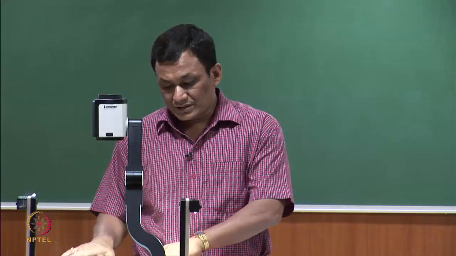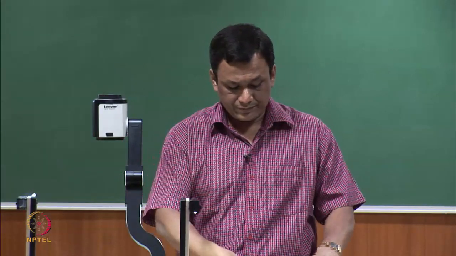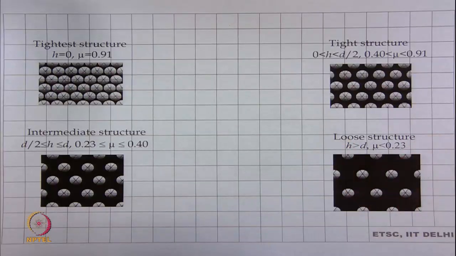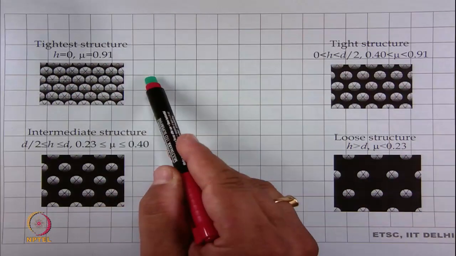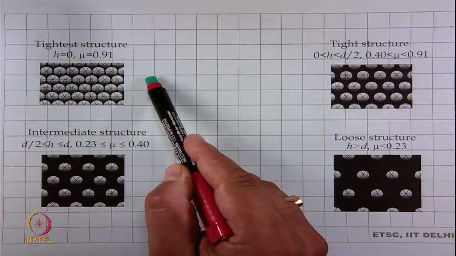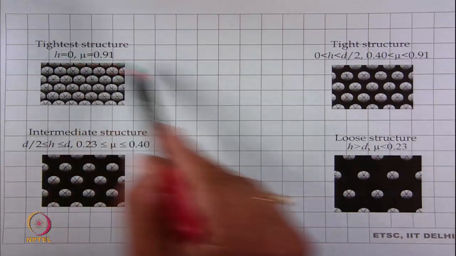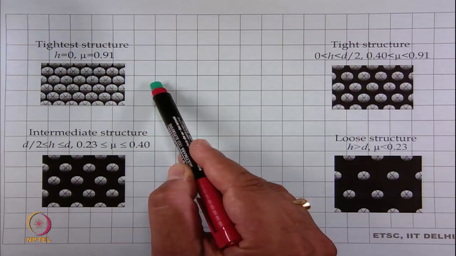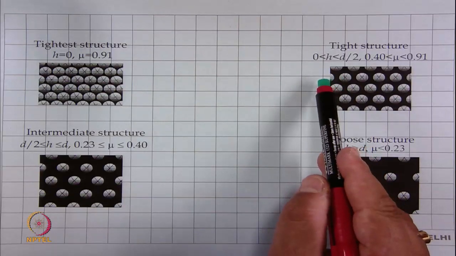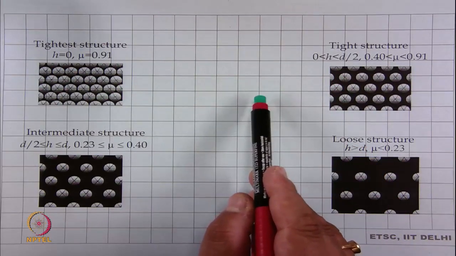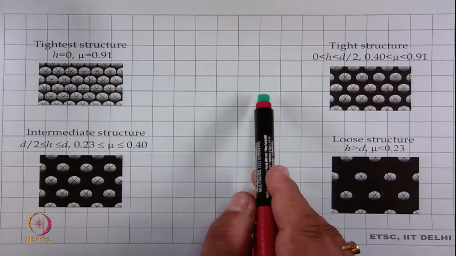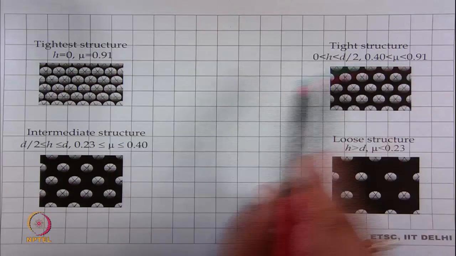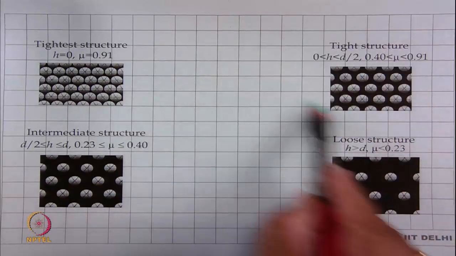So, if we now summarize these 4 structures, what we see is that the first one is the tightest structure, distance between fibers is 0, packing density will be roughly equal to 0.91. Tight structure, where distance will vary from 0 to half of the diameter, accordingly packing density will vary from 0.40 to 0.91. Most of our yarns generally fall in this packing density range.